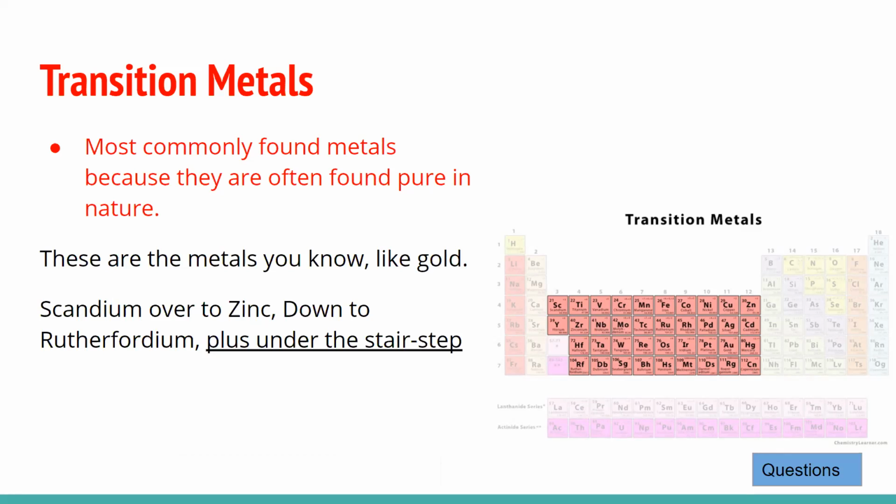So if you're talking about valuable metals like platinum, gold, silver, these are transition metals. But it also includes metals like mercury, zinc, titanium, iron. Okay, these are the metals you know. I mean, you can read them here, right? Titanium, chromium, manganese, iron, cobalt, nickel, copper, zinc. I've heard of all of those.